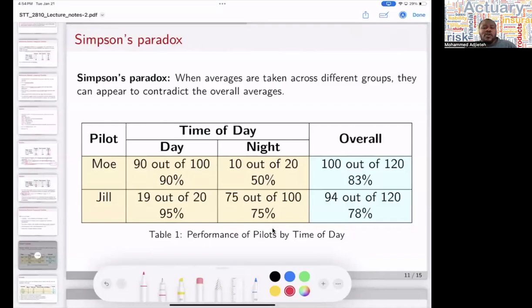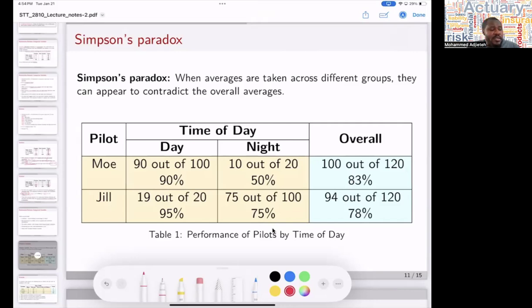Simpson's paradox means that when averages are taken across different groups, they appear to contradict the overall averages. I'm using this example from the textbook to explain what Simpson's paradox is trying to imply.